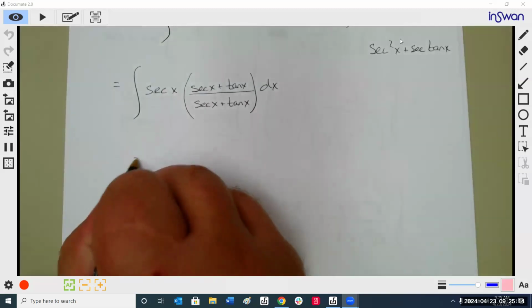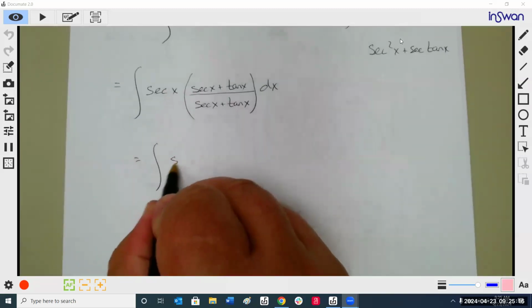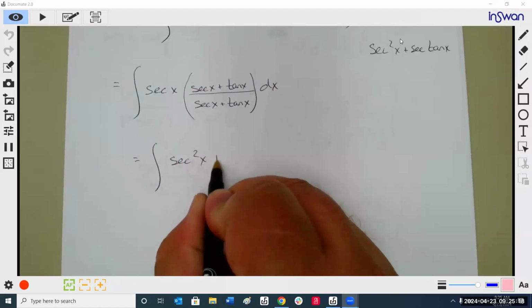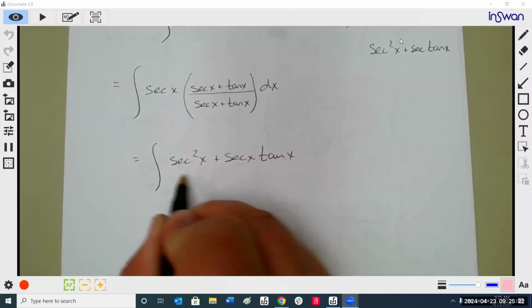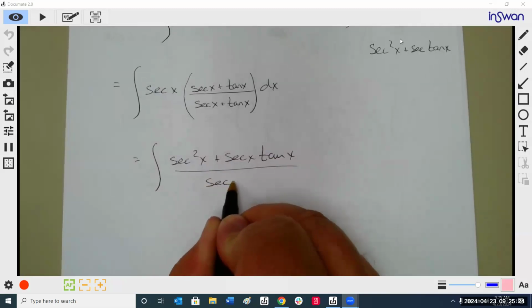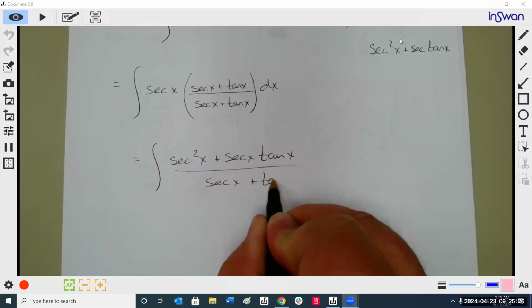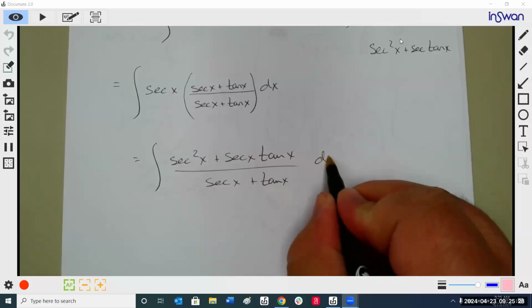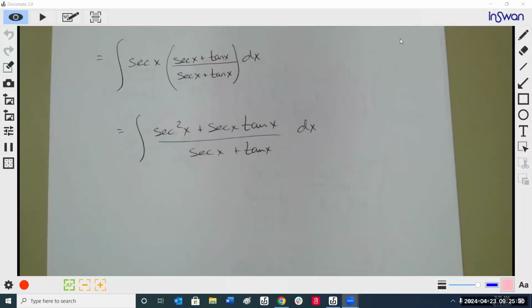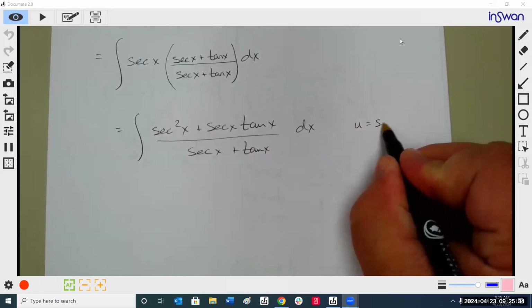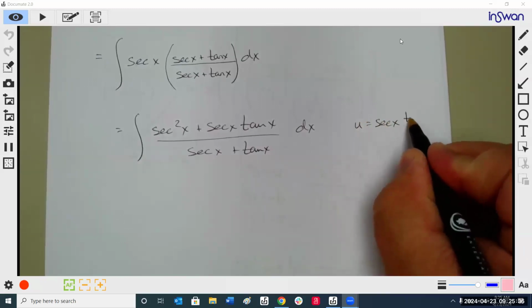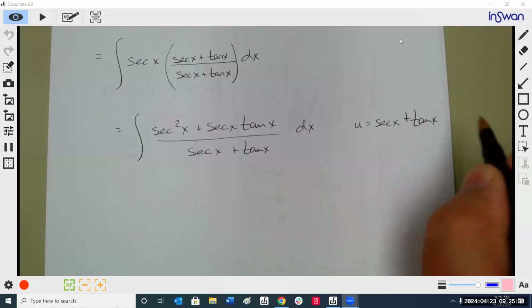So if we multiply these together, we get secant squared x plus secant tangent x over secant x plus tangent x. Let's say that u is secant x plus tangent x.